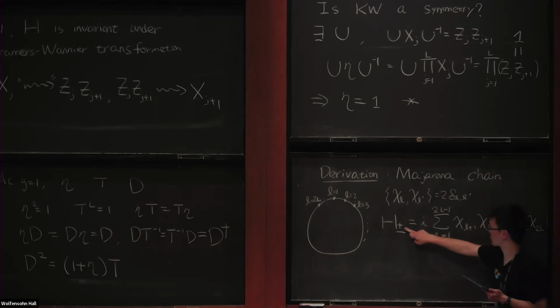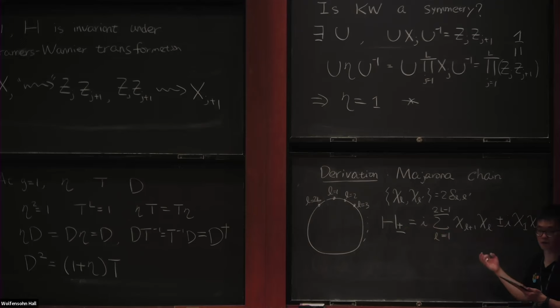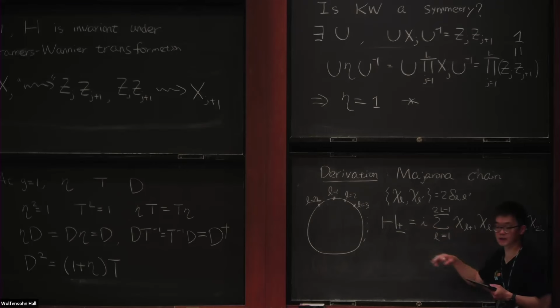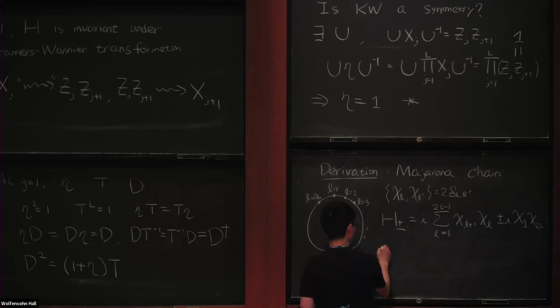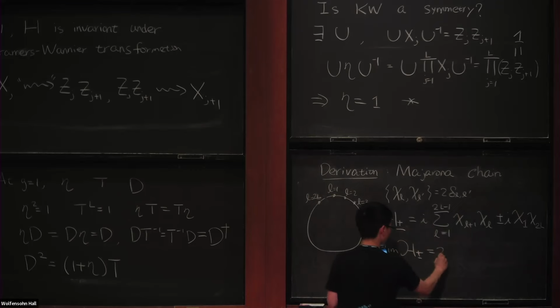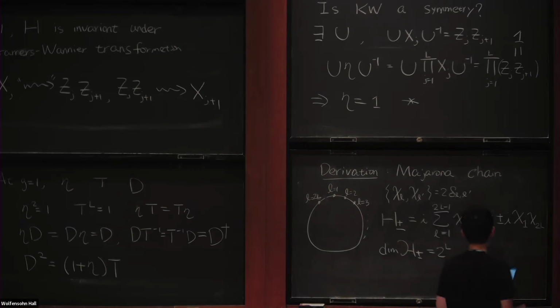And the plus sign corresponds to a problem with fermions using periodic boundary condition, and the minus sign corresponds to fermions using anti-periodic boundary condition. So I'm going to denote the Hilbert space by H plus and minus, but plus and minus is just a subscript. They're really isomorphic Hilbert spaces. And you can view the H plus as the problem with the periodic fermion, and H minus as the anti-periodic problem.